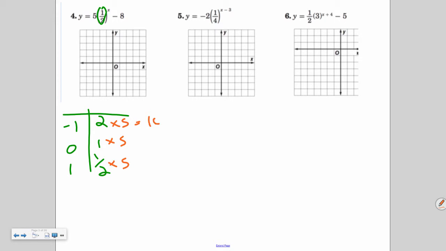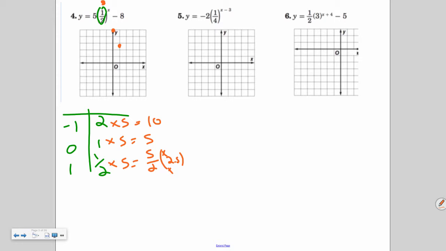So I have 10, 5, and 5/2, which is really 2.5. I then can plot that. 0, 5, I can definitely plot. 1 and 2.5, I can plot. And -1, 10 is way up here.